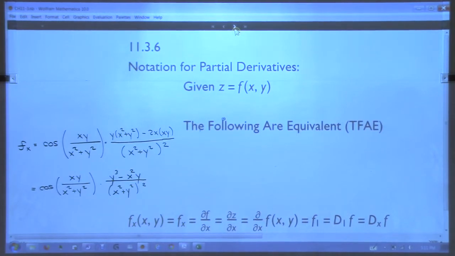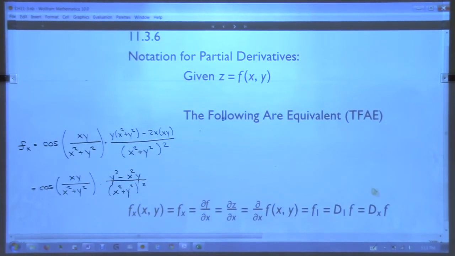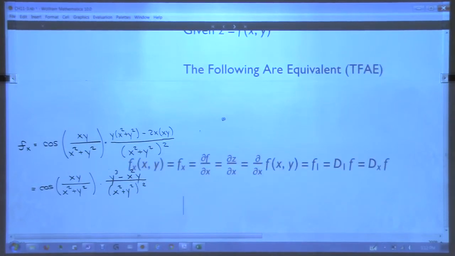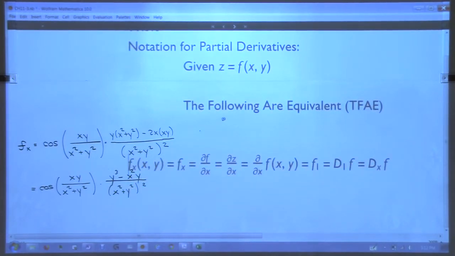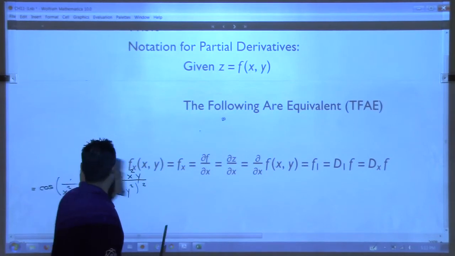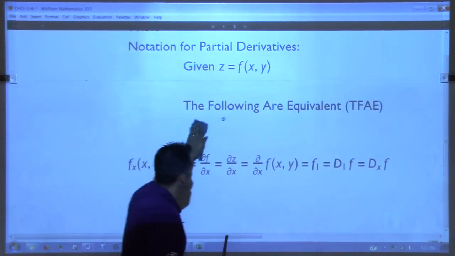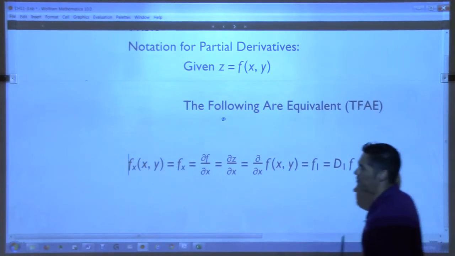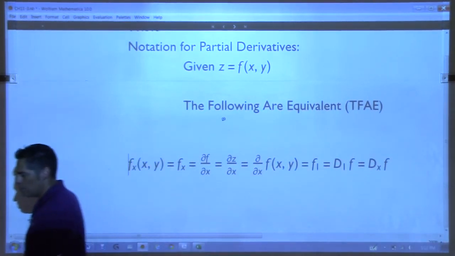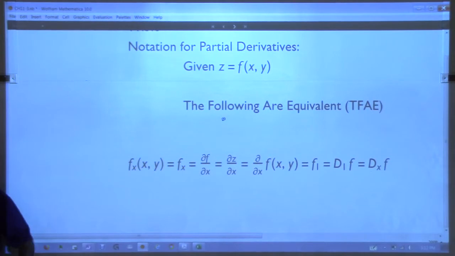There are lots of different notations for partial derivatives, a bunch of different ways you might see this presented to you in a textbook or in this book. These different notations come from the idea that calculus was developed by two people, Newton and Leibniz.